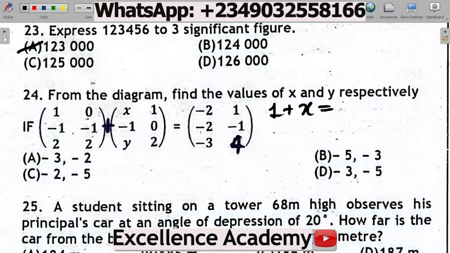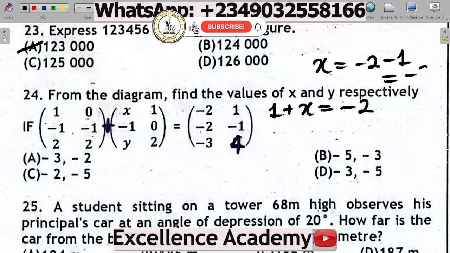From here, we can say that x is equal to minus 2. Move plus 1 over here, it becomes minus 1. So it becomes minus 2 minus 1, which gives you minus 3. The value of x is minus 3.